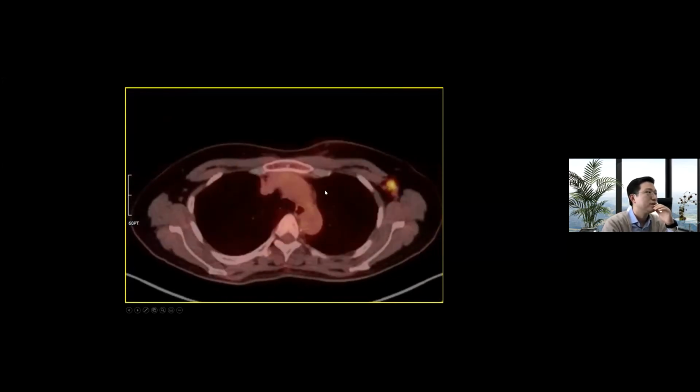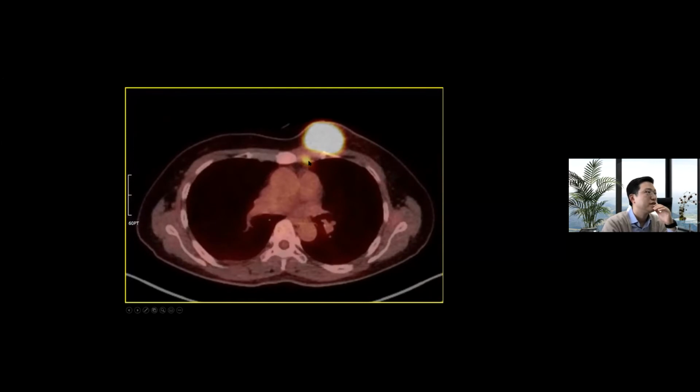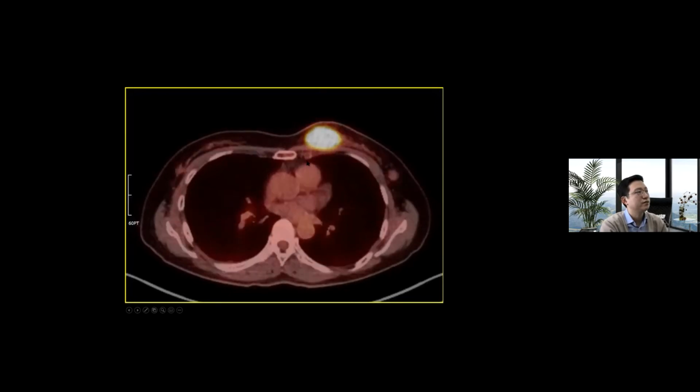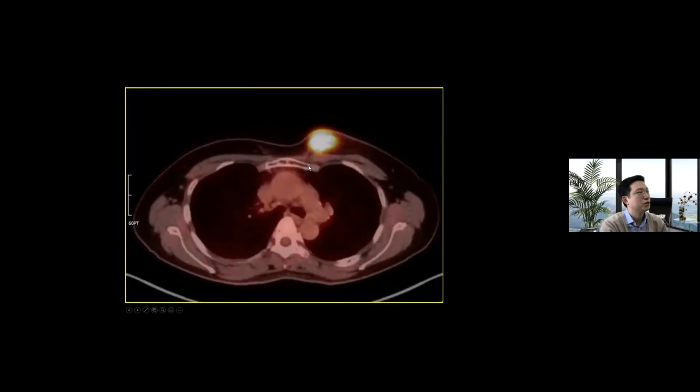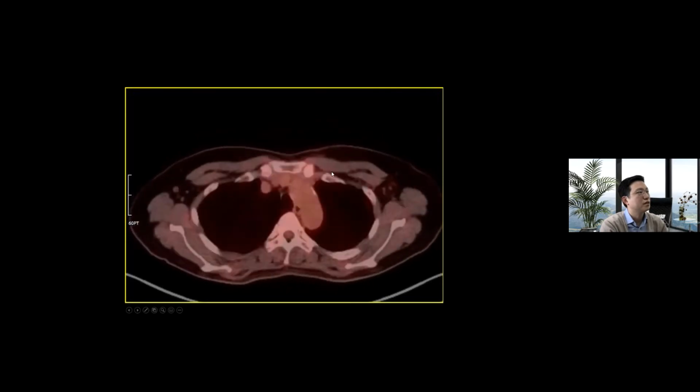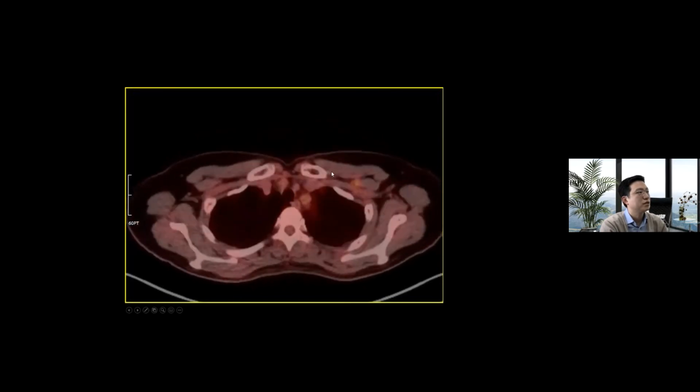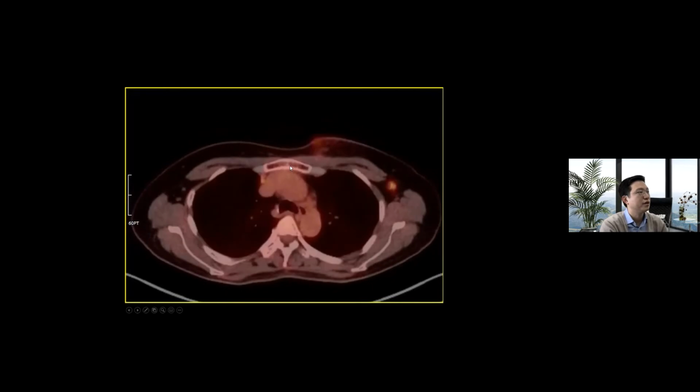And also there is a clear uptake in the left internal mammary area with an enlarged lymph node. So this is suggestive of multiple lymph node metastasis in the multiple axillary and internal mammary areas.